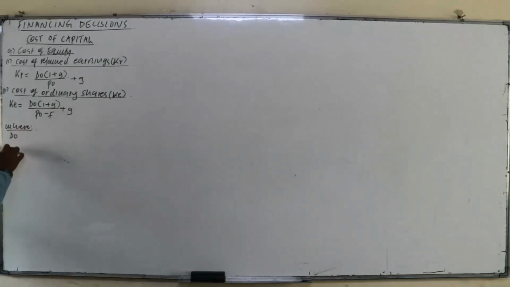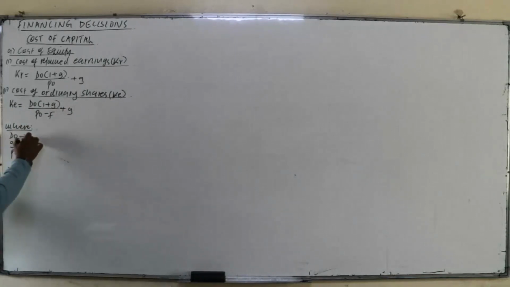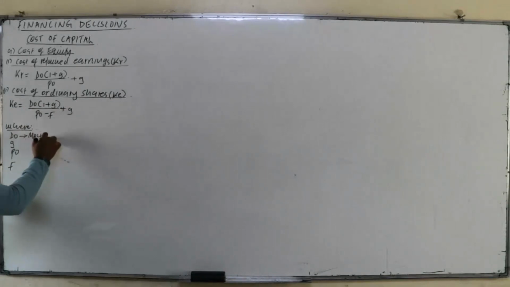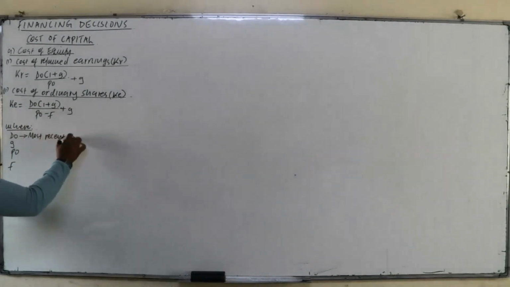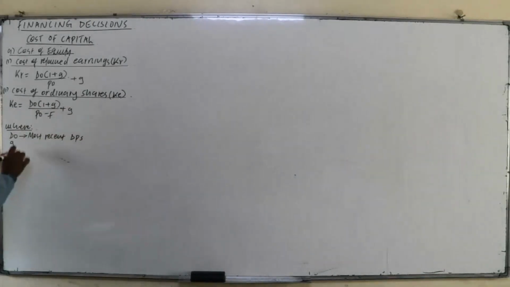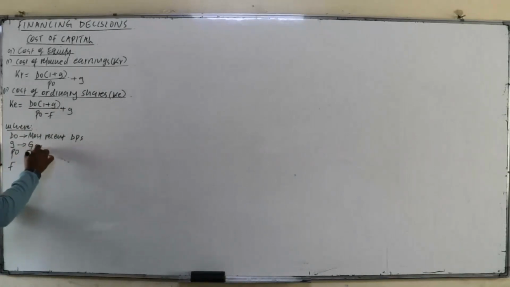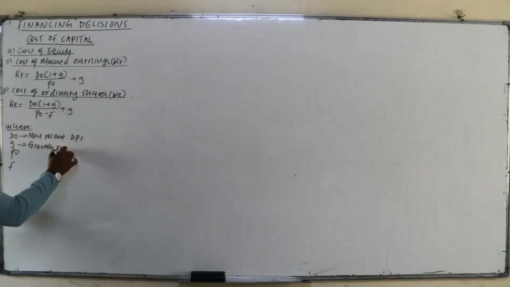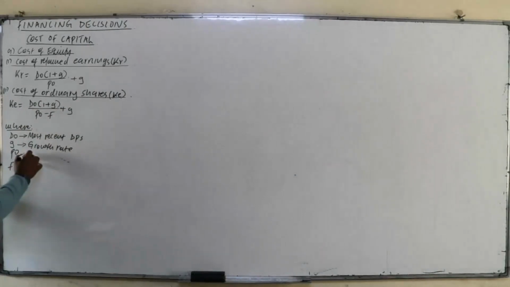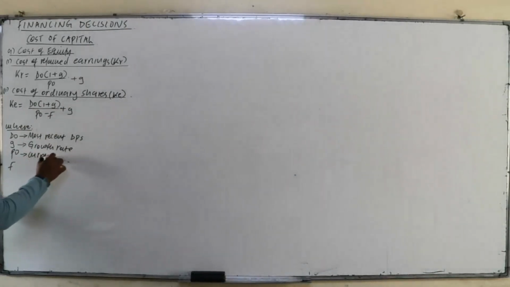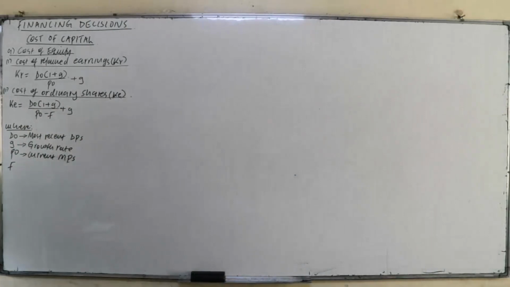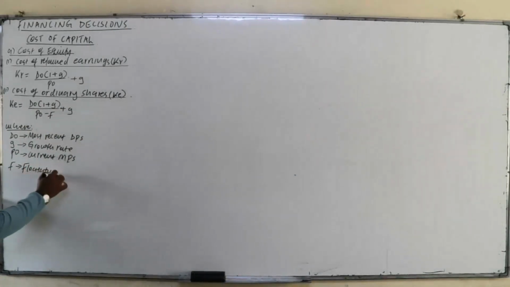what is D0, what is G, what is P0, what is F. D0 is the most recent dividend per share. G is the growth rate. P0 is the current market price per share. F is the flotation cost.